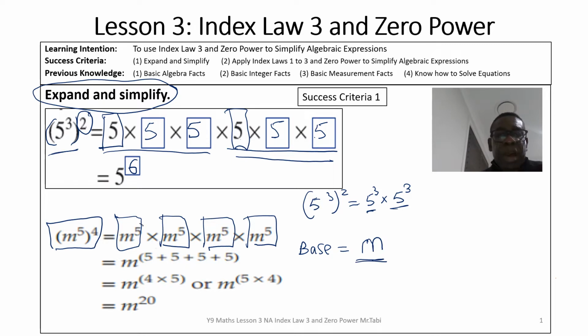and it was m to the power of 5 multiplied by m to the power of 5, when you multiply numbers with the same base, you simply add the powers. So this is simply the power of 5 plus 5 plus 5 plus 5, 4 times. That's 10, that's 20. But 5 plus 5 plus 5 plus 5 is the same as 4 times 5, or the same as 5 times 4, which is 20.